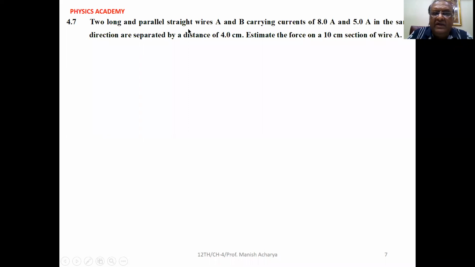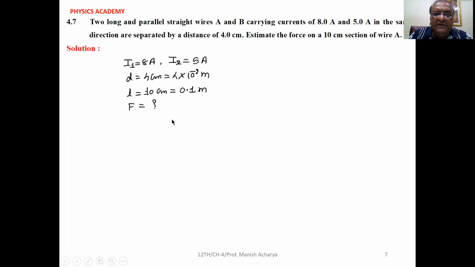4.7. Two long and parallel straight wires A and B carrying currents of 8 ampere and 5 ampere in the same direction are separated by the distance of 4 centimeter. Estimate the force on a 10 centimeter section of wire A. So current I1 is 8 ampere, current I2 is 5 ampere.